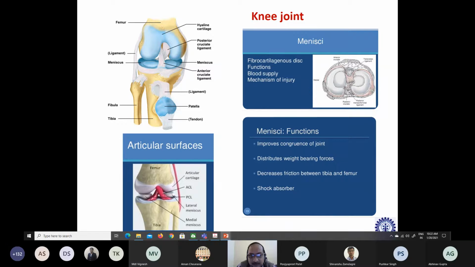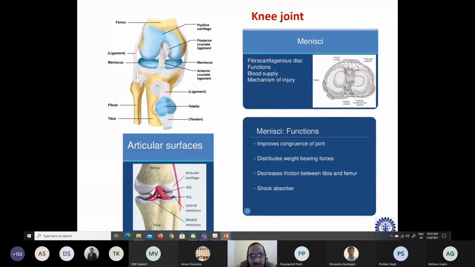Now, as you already have seen, the knee joint consists of mainly 4 bones. There are 2 stocky bones, the femur and the tibia. Apart from that, we have the kneecap or the patella, and then we have the fibula.